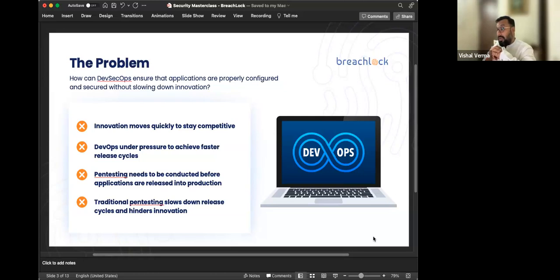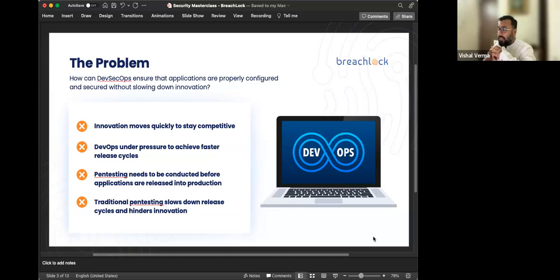But that approach adds a lot of issues because the security vulnerabilities are uncovered at the end of the development life cycle, which adds a lot more cost in terms of time and effort to recover from those vulnerabilities and rebuild and rebake security into the application.